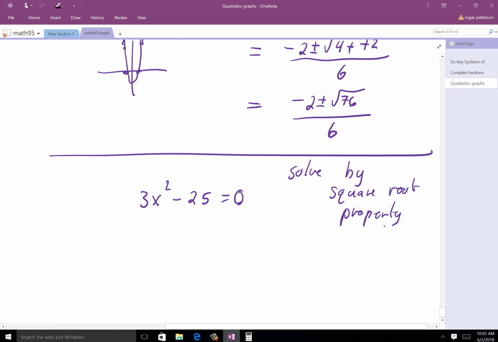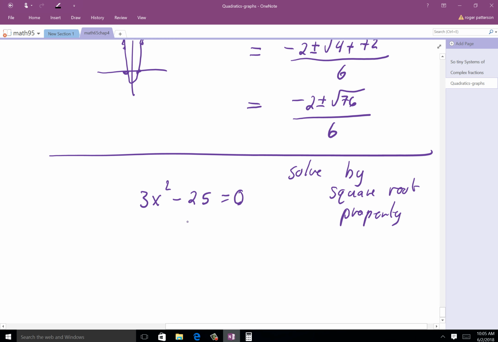You can still use the quadratic formula on this if you want to. Alright? It's up to you. The only thing here, A is going to be 3, B is going to be 0, C is going to be 25 because you have no x. Alright? It's all going to work out to be the same.